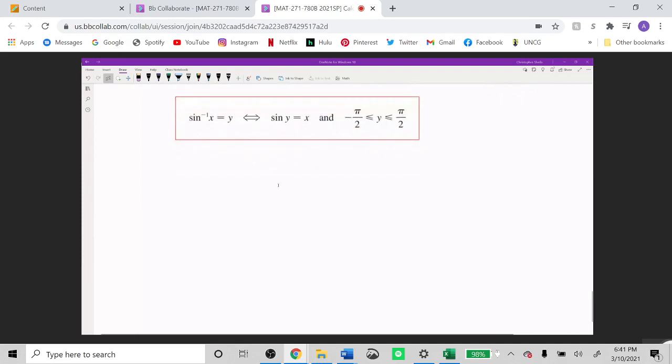The inverse sine function has a domain from negative 1 to 1 and a range from negative pi over 2 to pi over 2.